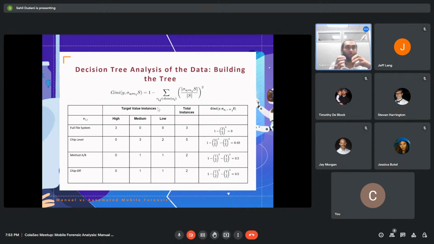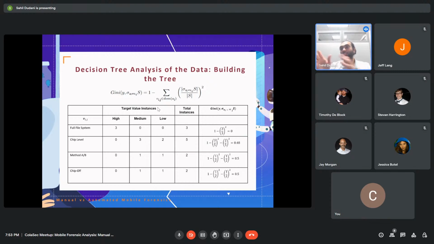These are potential values for extraction types, and based on the different samples that I just showed you, we calculate how pure or impure a certain feature can be. And based on that we calculate the Gini impurity for each of those values.